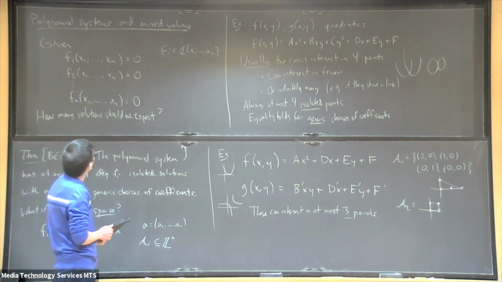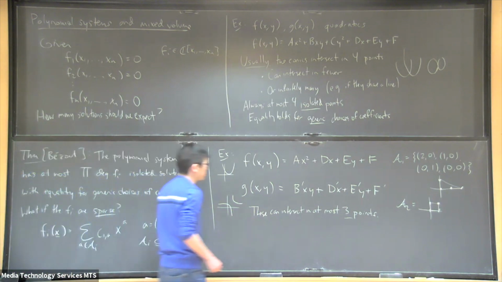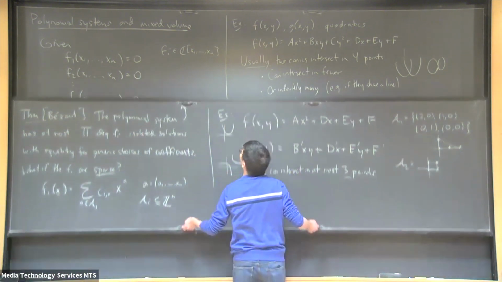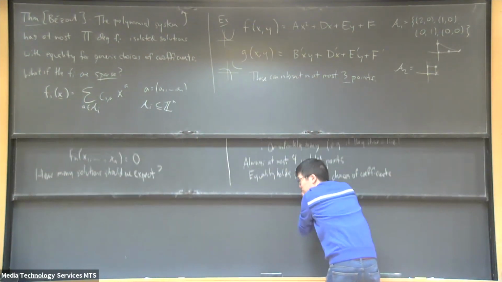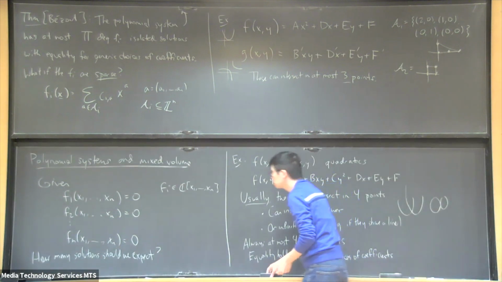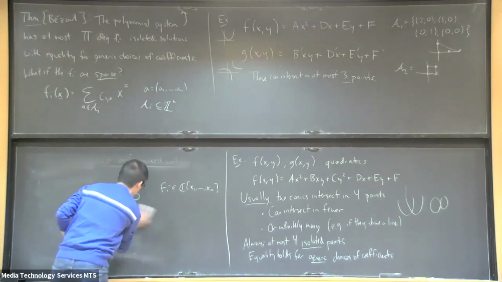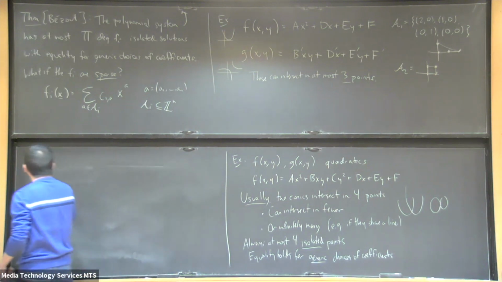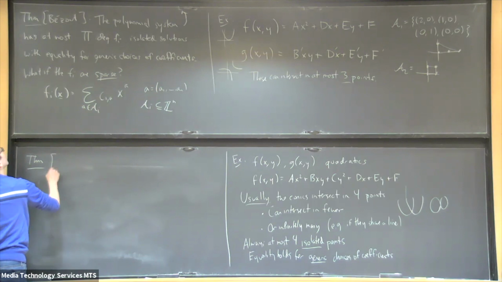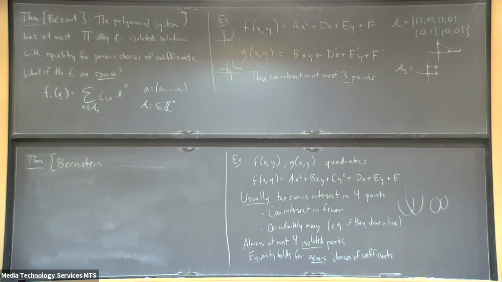And so the question is, how can we get this number 3? The answer is given to us by the main result which I want to talk about, which is called Bernstein's theorem. This is sometimes also given more names, as theorems often are.